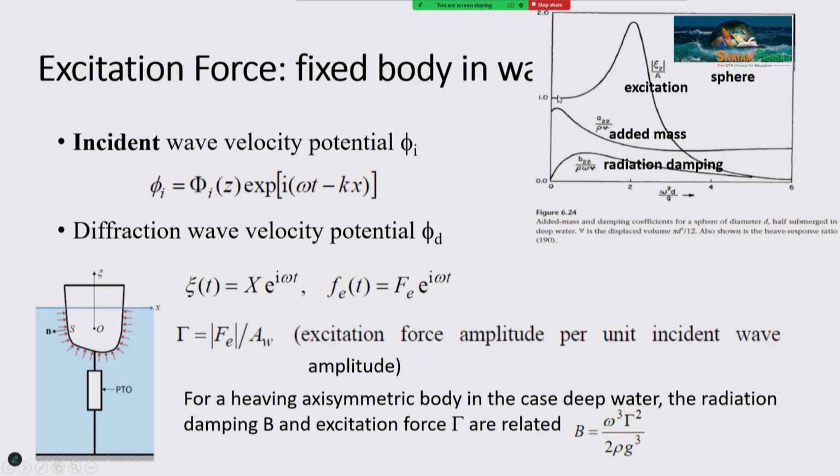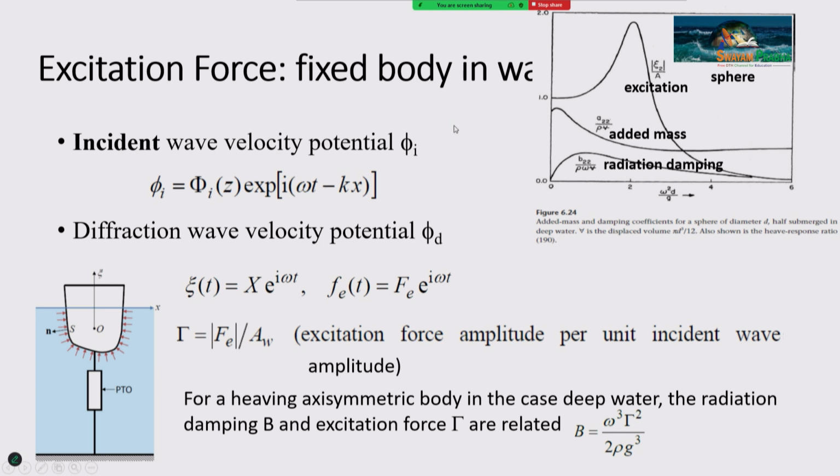Here you show the excitation force, which you can calculate using the radiation damping. So these three are frequency dependent. For simple shapes you can find a closed-form solution; for more complex shapes, use a numerical method.